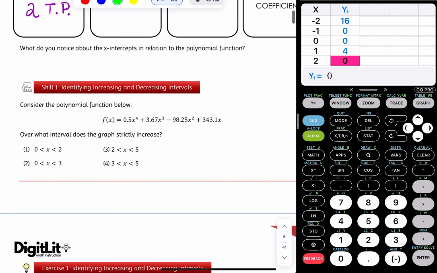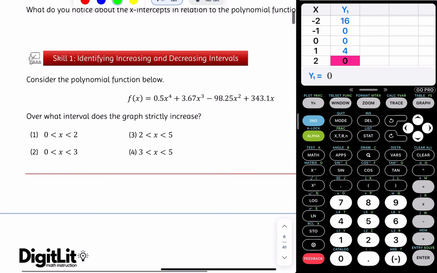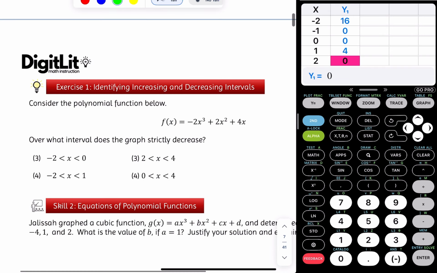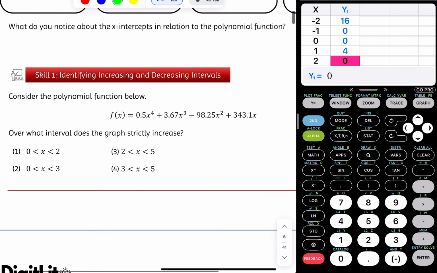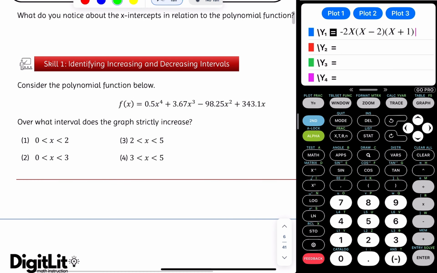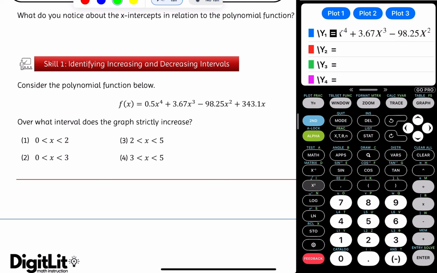All right, let's look at one example. Let's look at skill number 1. Okay, the first thing you're going to do is graph whatever it is that they're asking you about. So 0.5x to the 4th plus 3.67 x cubed minus 98.25 x squared plus 343.1 x.